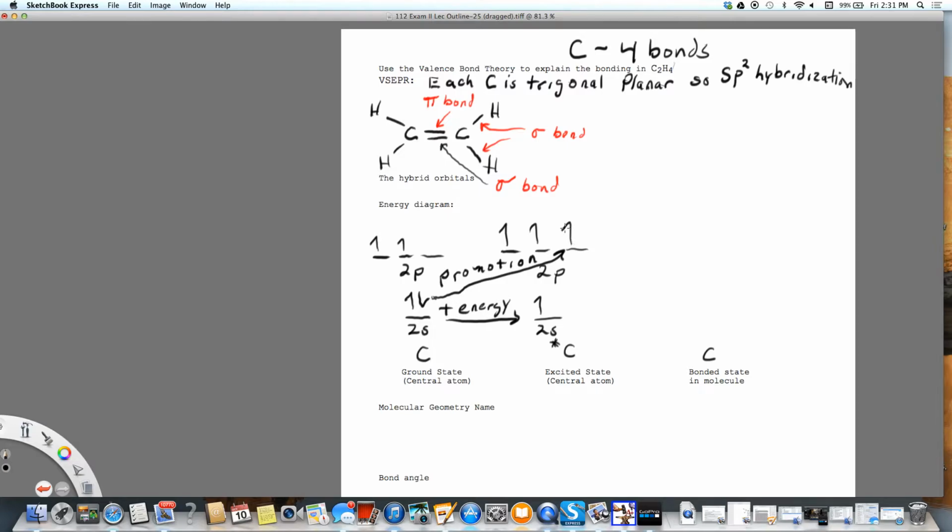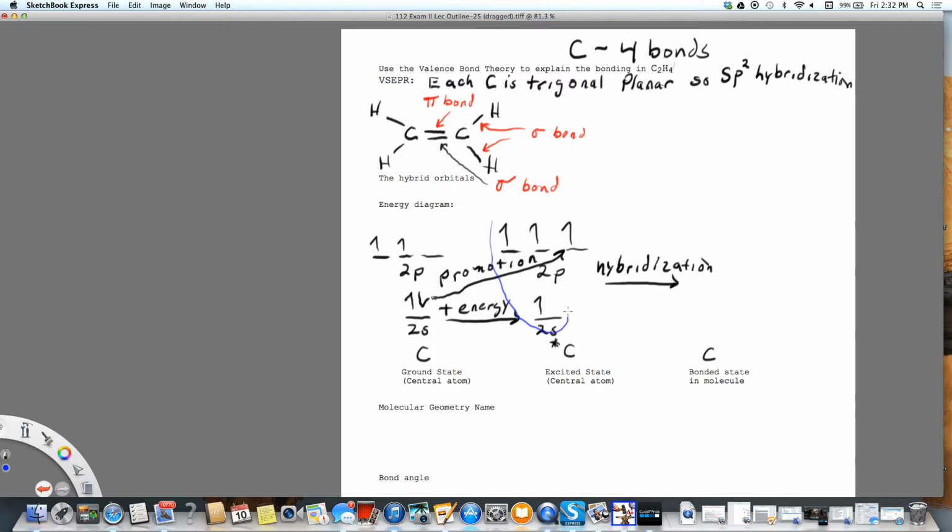Now, that is the same thing we saw with sp3. But in this case, we don't have sp3 hybridization. We are going to have hybridization, but it's going to be different from what we've seen before. Not every one of those electrons is going to be hybridized.